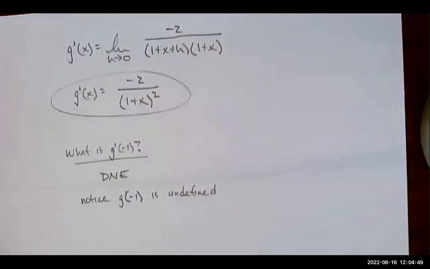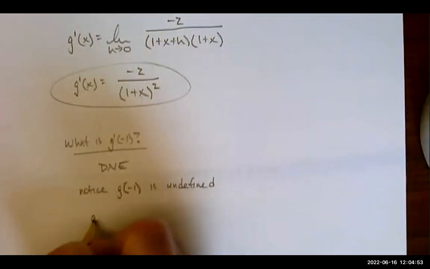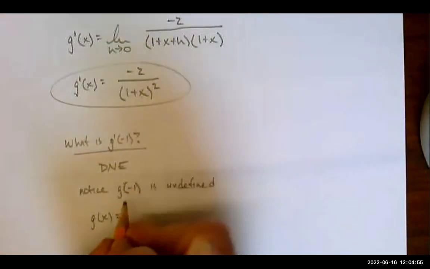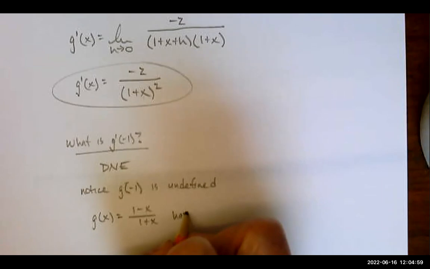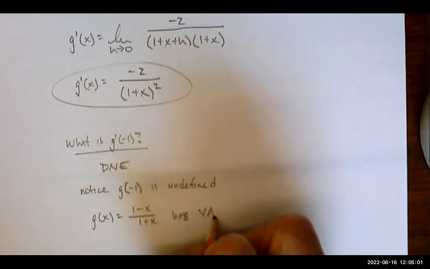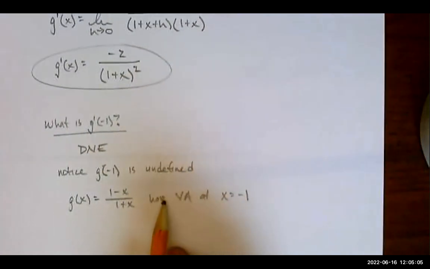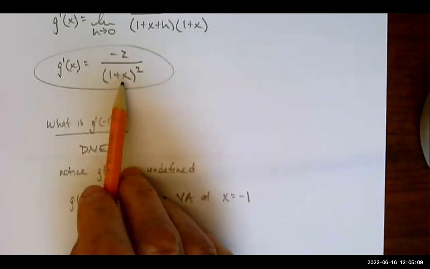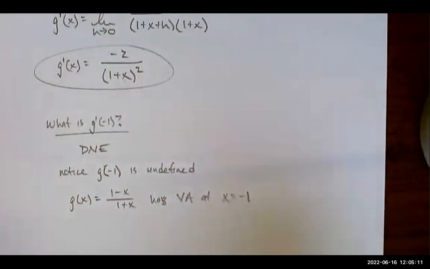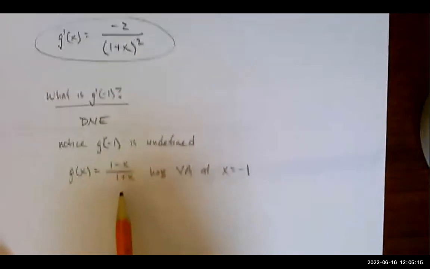So it wasn't even in the domain in the first place. In fact, think g of x, I'll just write it again here, 1 minus x over 1 plus x. It has a vertical asymptote at negative 1. So if there's a vertical asymptote at negative 1, certainly the derivative can't exist there. And it works out that way. It's just right there in the function: negative 1, not going to work.